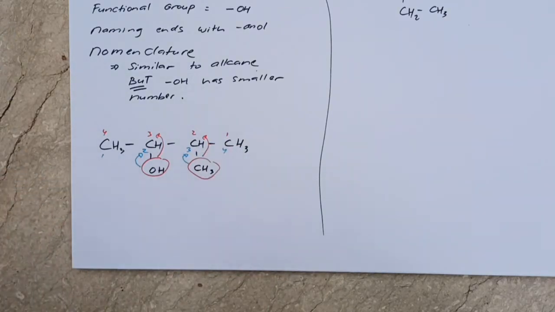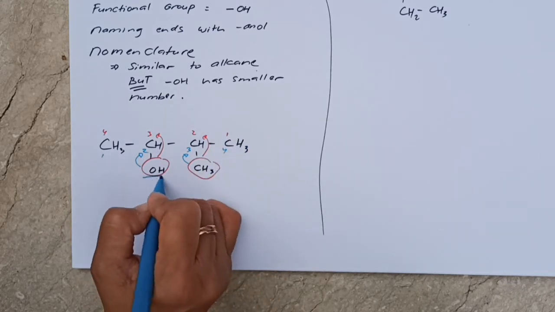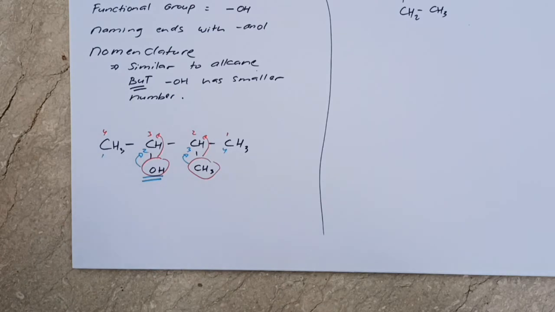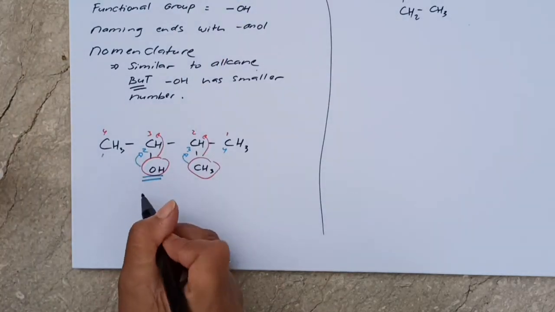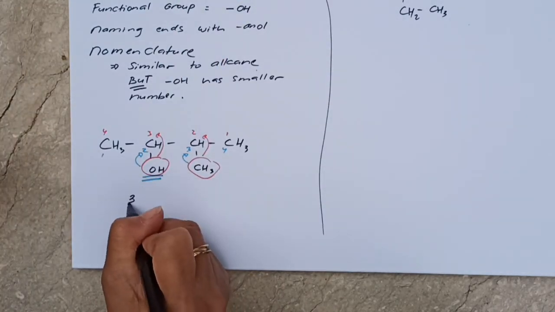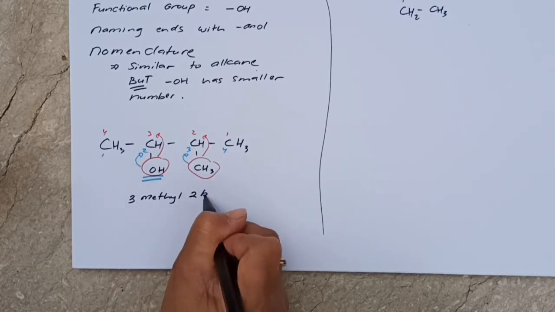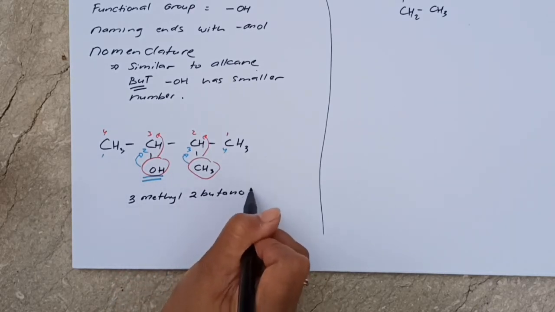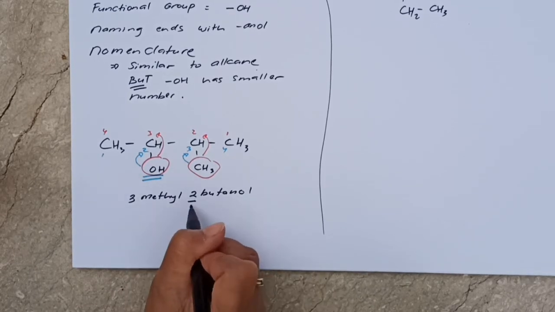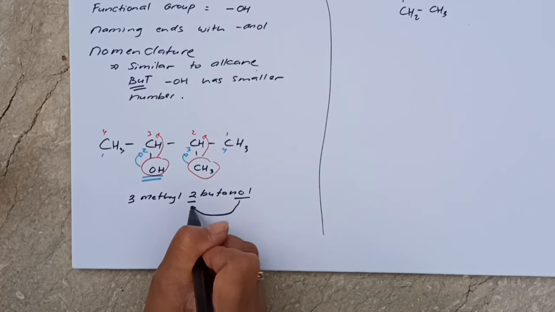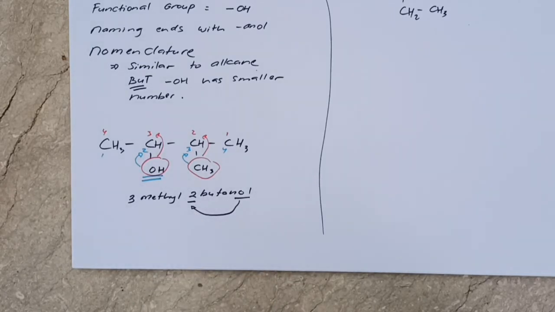So we are going to use blue because for this one, the functional group is more important than the branch. So the name will be 3-methyl-2-butanol. This number 2 is for where the alcohol is attached.